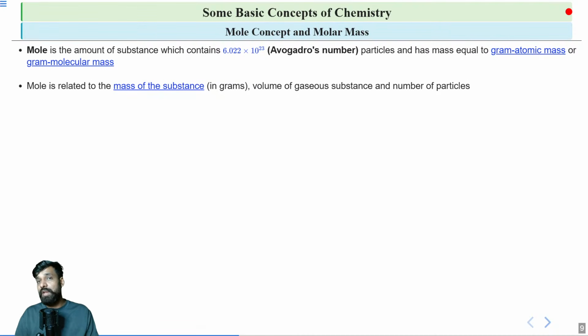Now just think about it. Suppose you are taking a table, right? Now there are millions and trillions of electrons. It is literally not possible to calculate the number of electrons. Now think from a different perspective. You know the number of moles present in your table, and it is easier to calculate because the formula is very simple. It is given mass by molar mass.